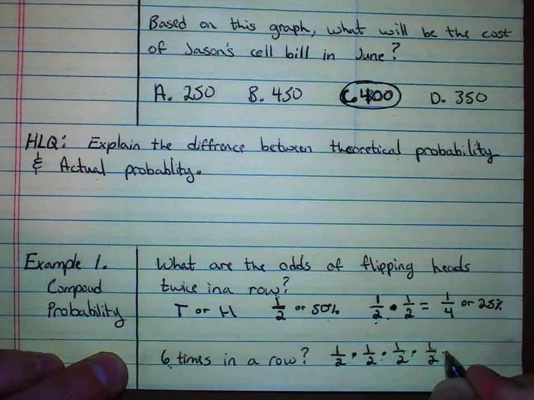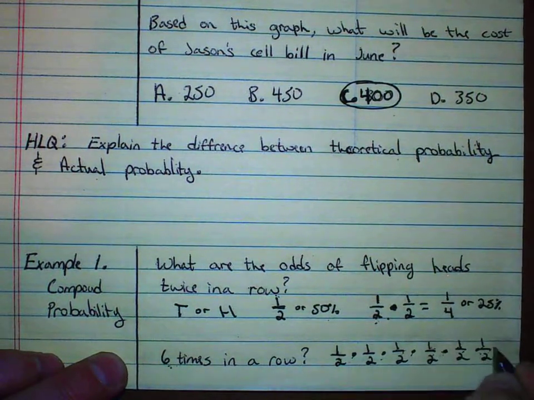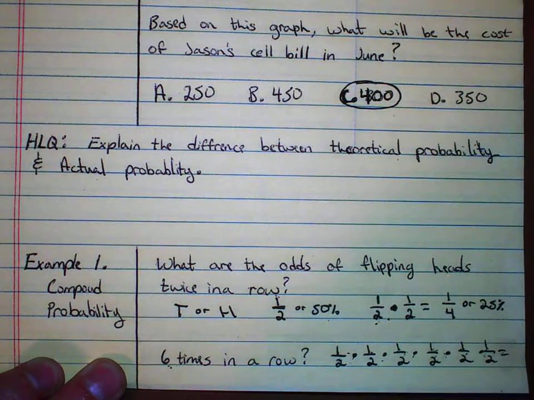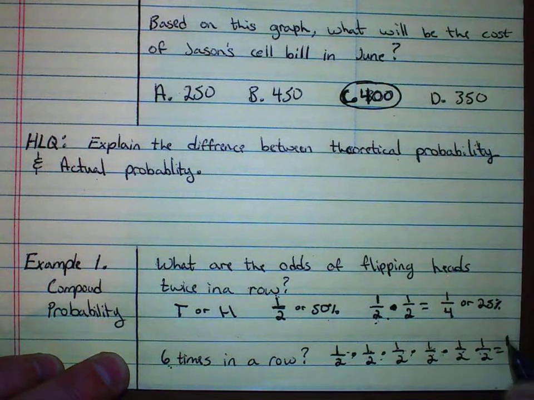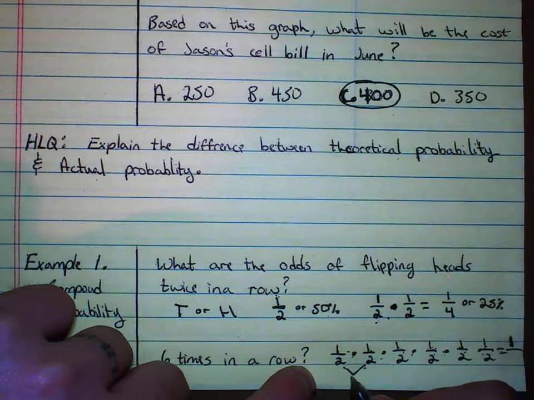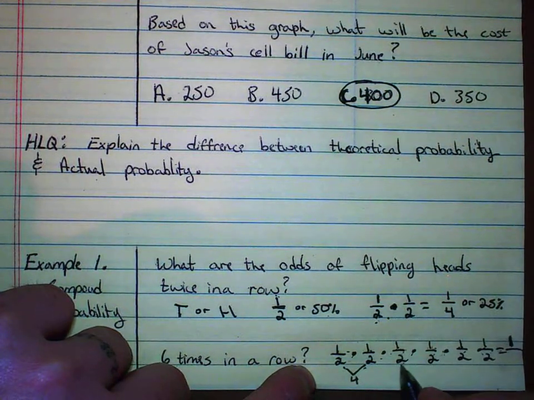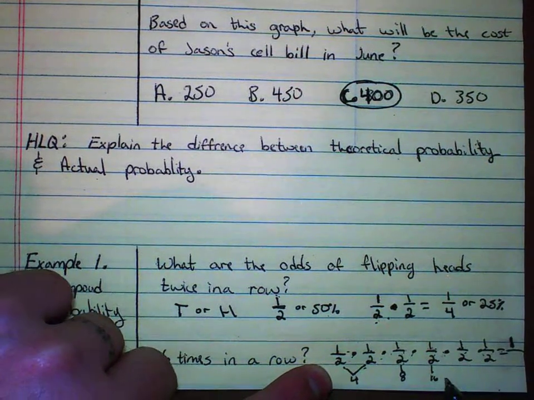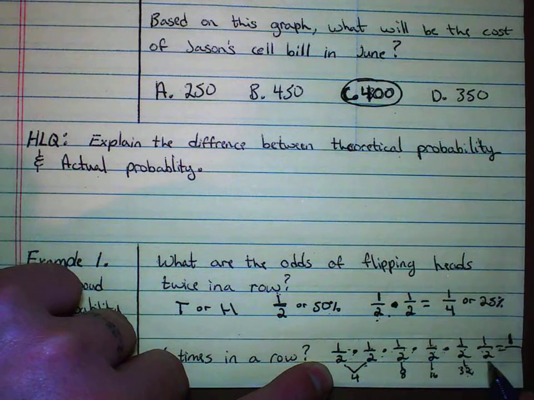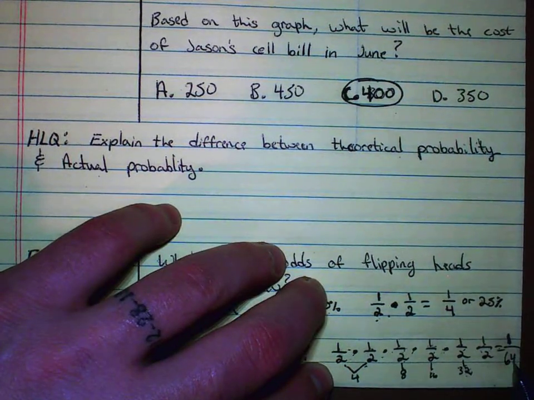Now watch how this changes our odds. So 1 times 1 times 1 times 1 times 1 times 1. Well, 1 times 1 all the way down is still going to be just 1. So I have a 1 in... 2 times 2 is 4. 4 times 2 is 8. 8 times 2 is 16. 16 times 2 is 32. 32 times 2 is 64.